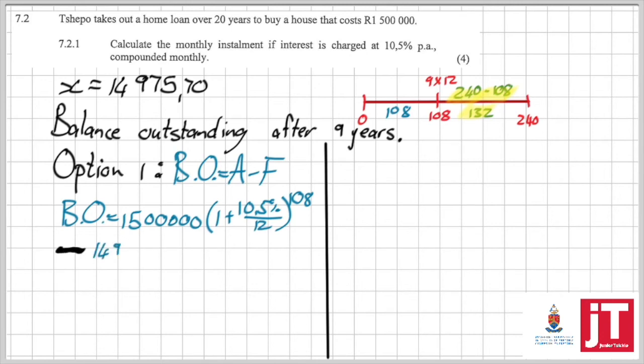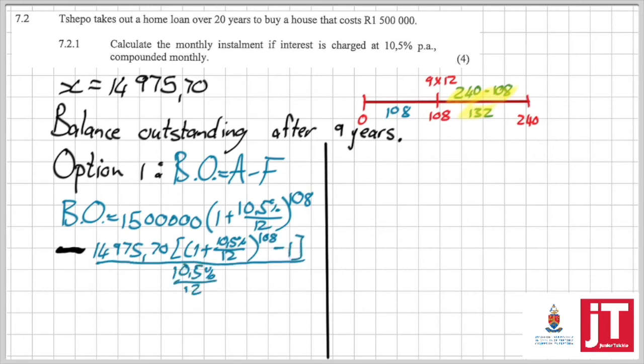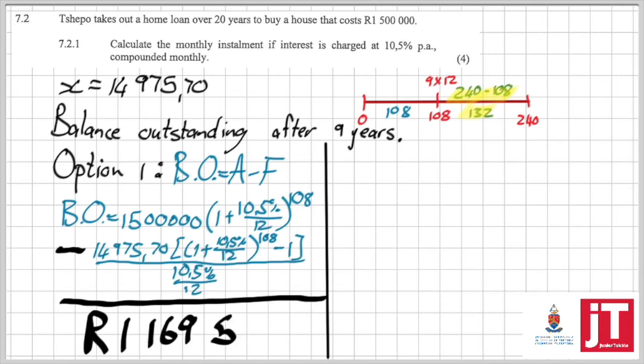And then I'm going to subtract from that the future value formula, also for 108 months, because that's the amount of payments I would have made by the 108 months. Then the balance outstanding is 1,169,568.67, so 1,169,000, give or take.